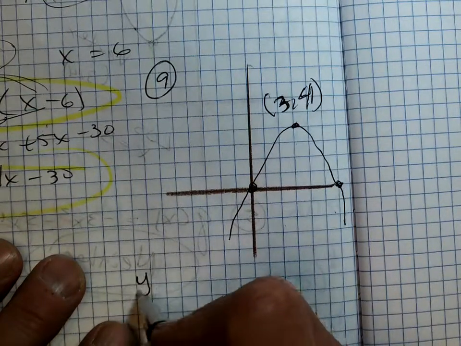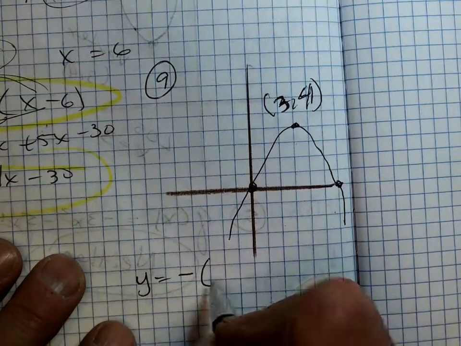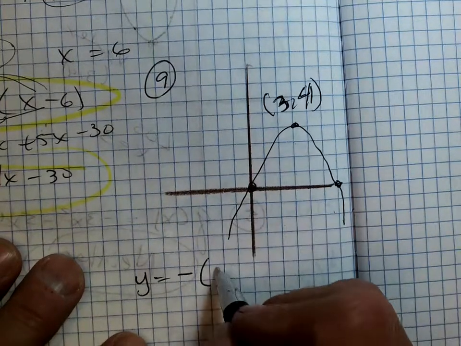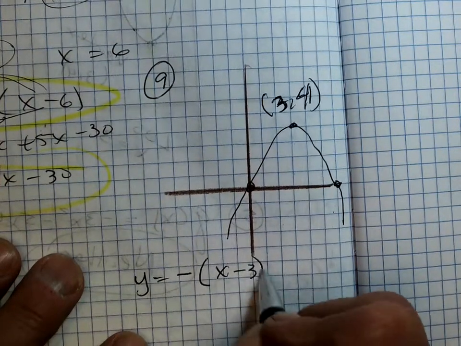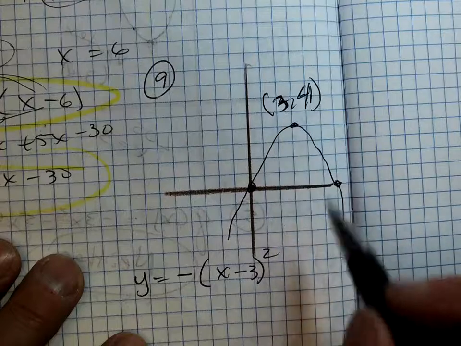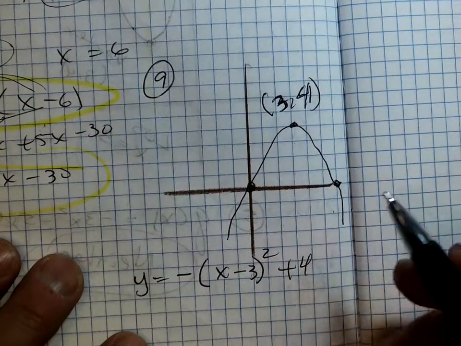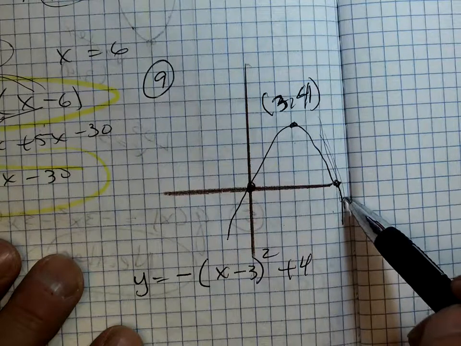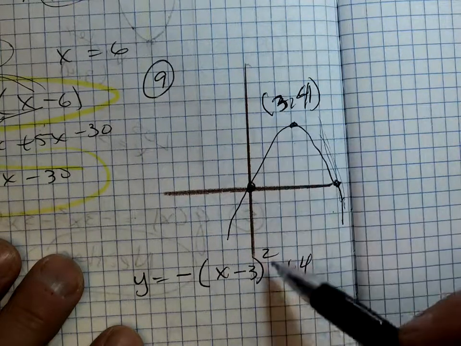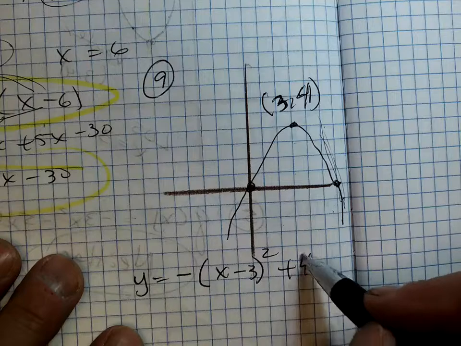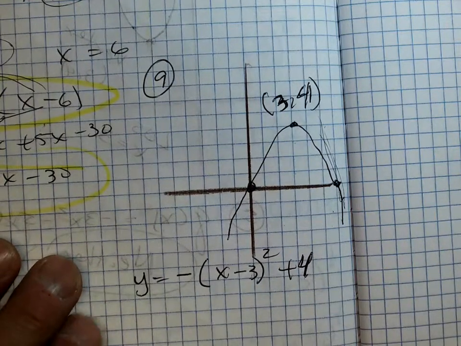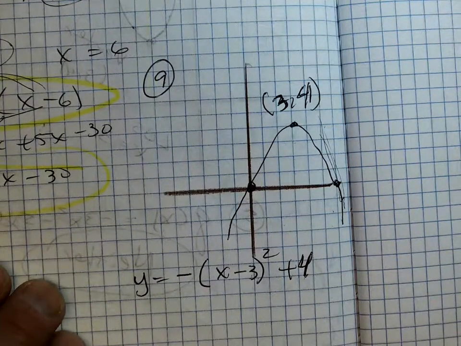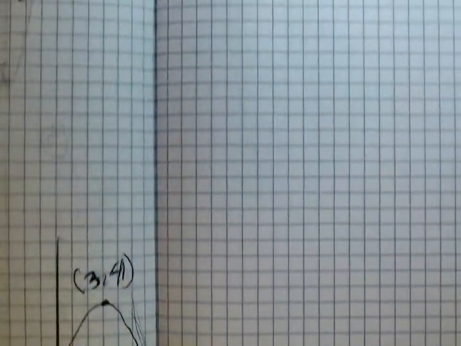I'm going to go y equals negative parentheses x minus 3 squared. Remember, opposite, plus 4. I know the negative because this has to go upside down. I need my opposite 3 there and my 4 there. Okay, and that will work. All right, 10, we're getting there.